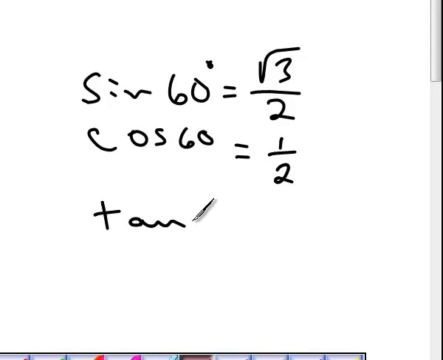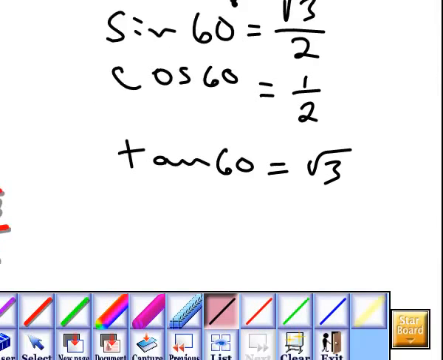And tangent is going to be square root of 3 over 1, or just square root of 3. All right, so you start off with 60, 30, and your right angle and go 1, 2, square root 3 like that.